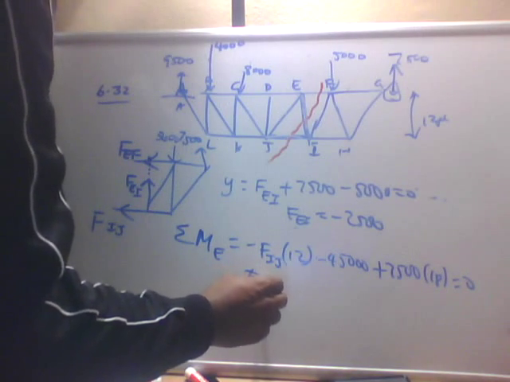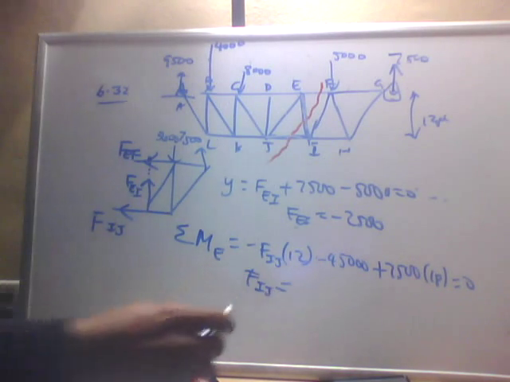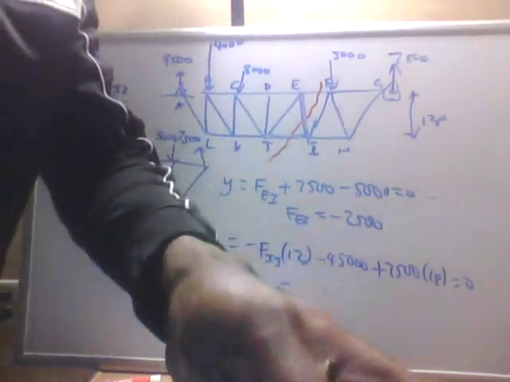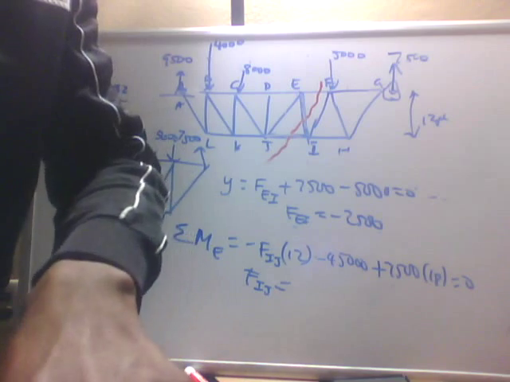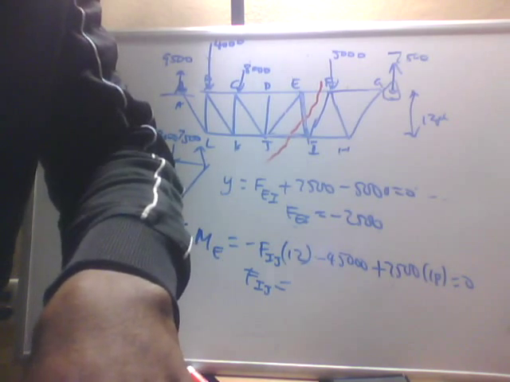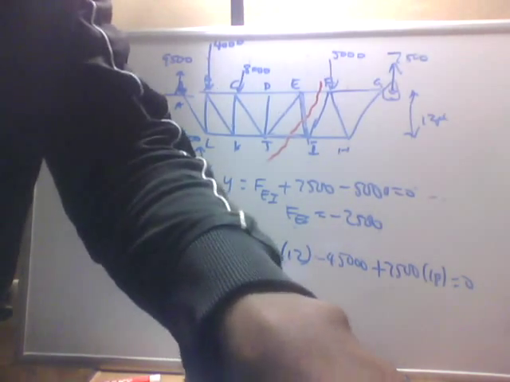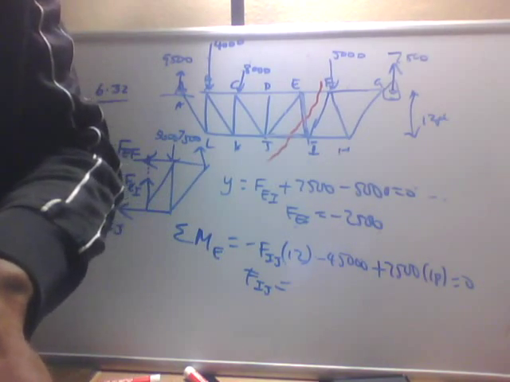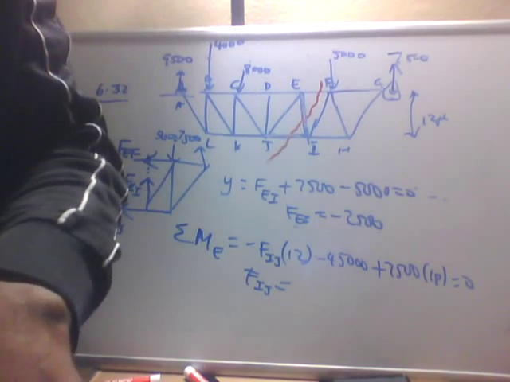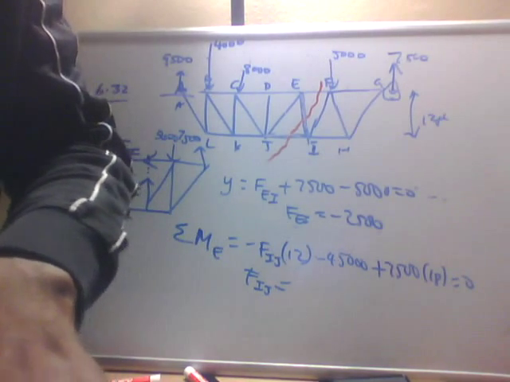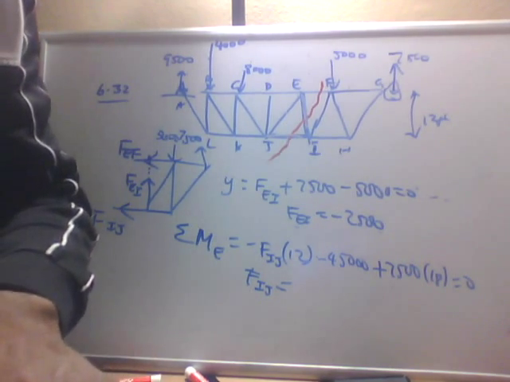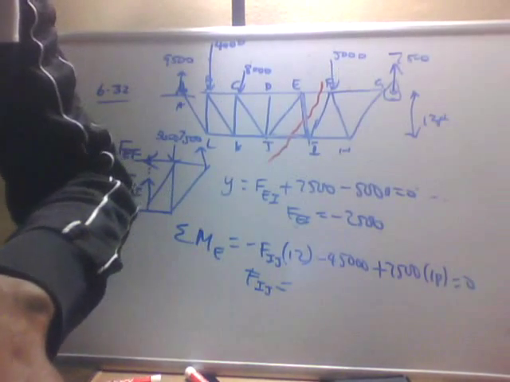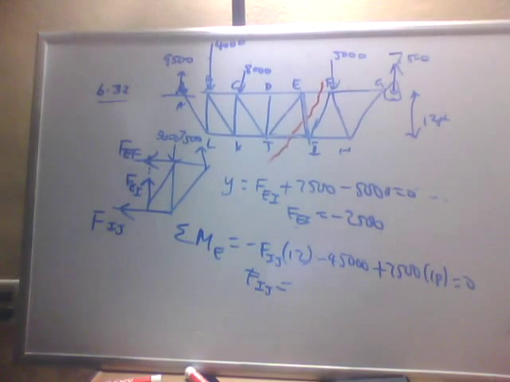Gives me FIJ equals, calculator help again. 7,500 times 18 minus 45,000, divided by 12.